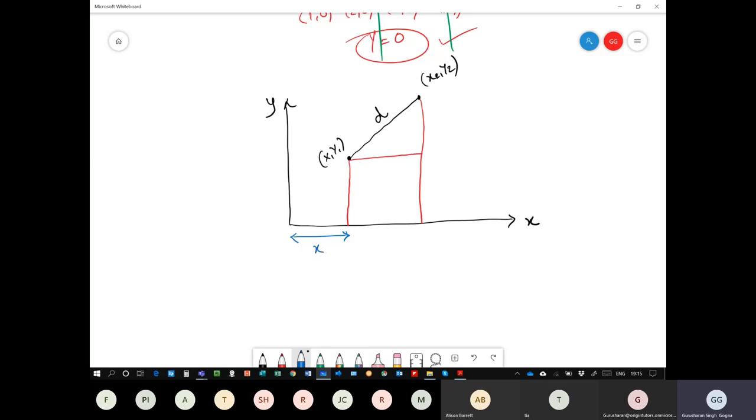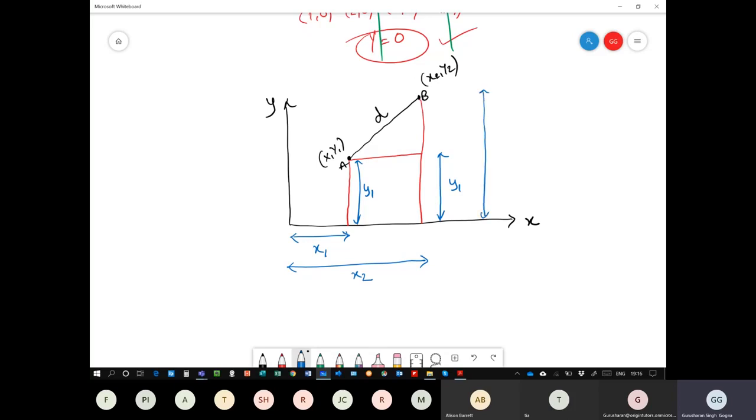Let's call these points A and B. The x coordinate of point A is x1, so this distance must be x1. Similarly, this distance must be x2. This distance is y1, so this distance is y1 as well.